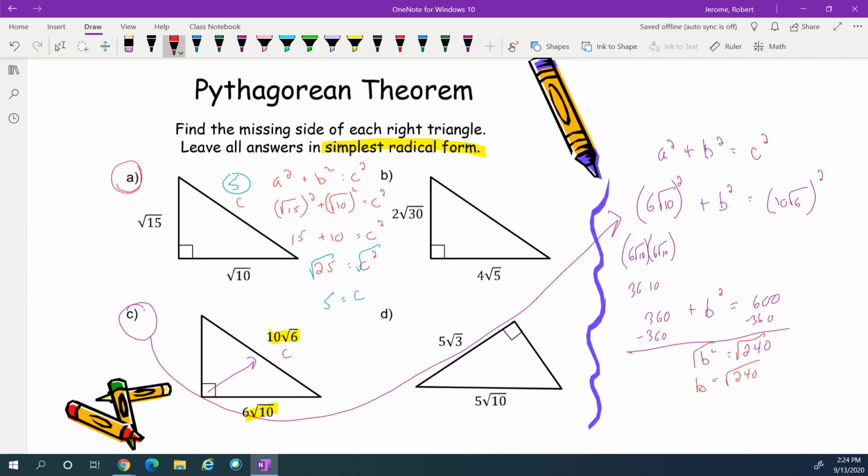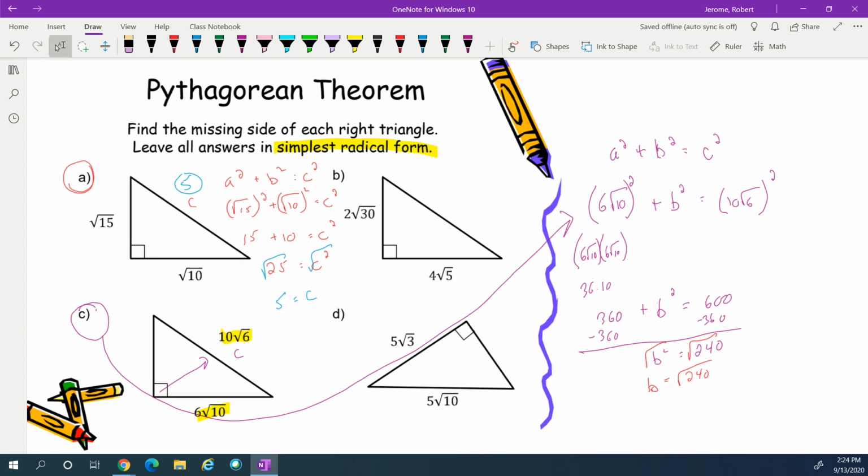But now we have to work out that 240. So this goes back to all the times that we worked on our factor trees. So 240. That's a 2, 120, 2, 60, 2, 30, 2, 15, 3, 5. I'm looking for my pairs.